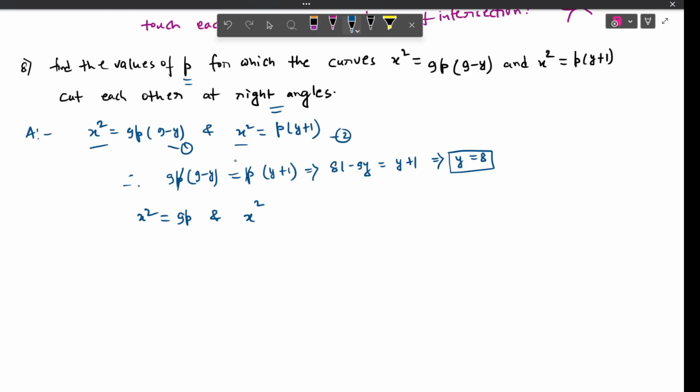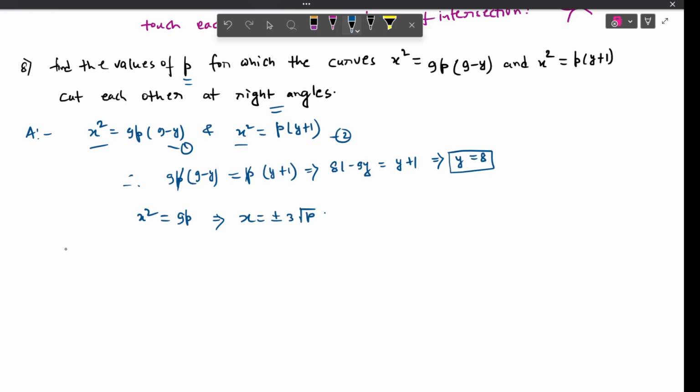Okay. So let us solve this first. X square equals 9p. So this implies x equals plus minus 3 root p, right?